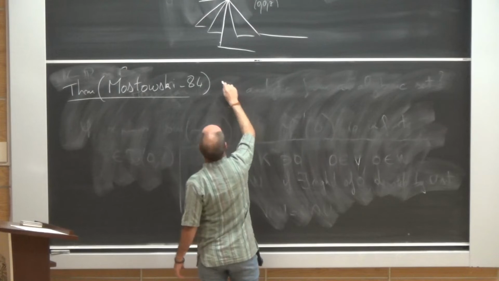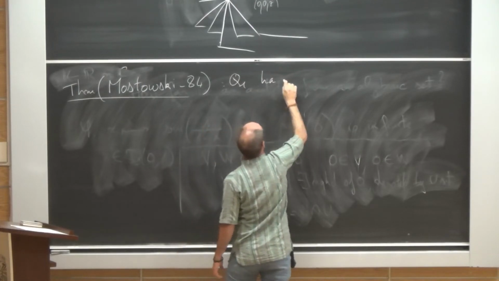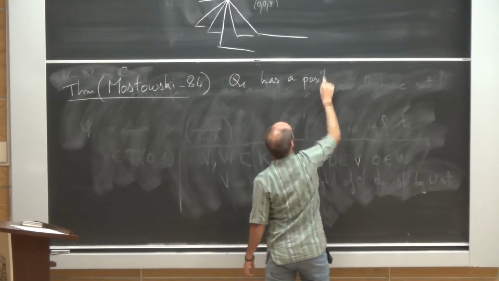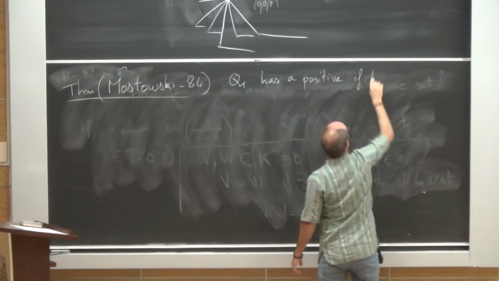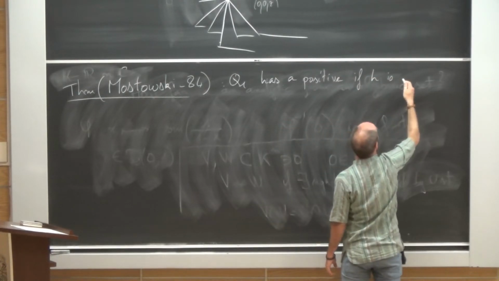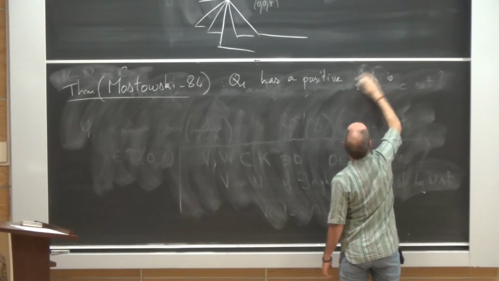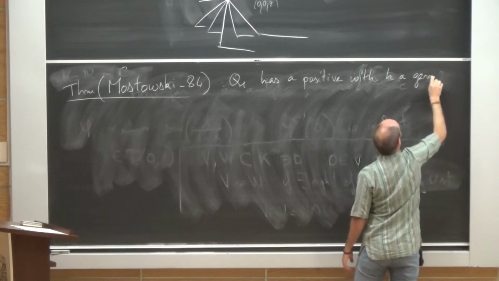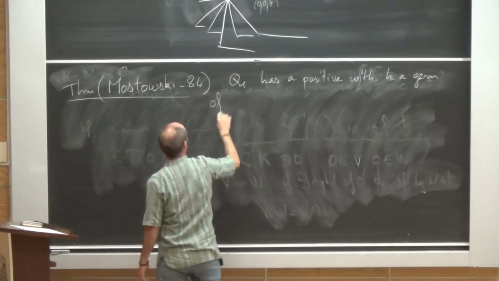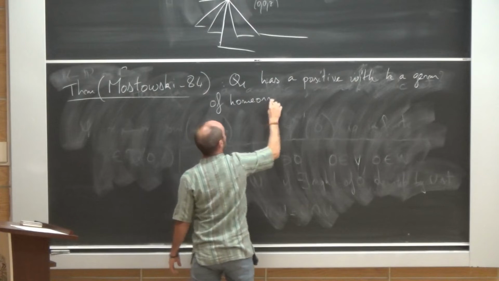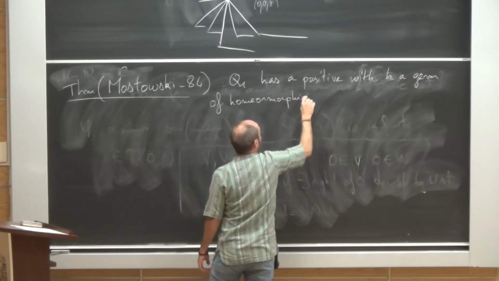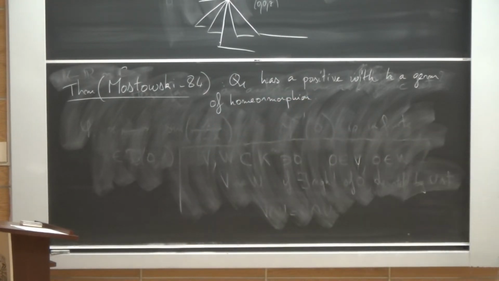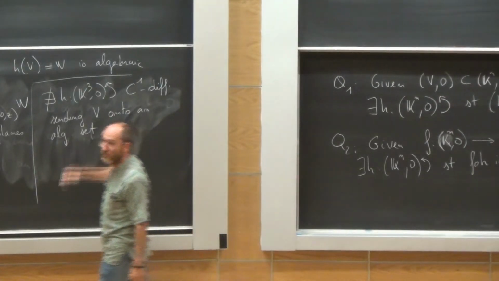Let's say exactly that question 1 has a positive answer if H is, let's say, a germ of homeomorphism. So it means that we can transform a germ of analytic set into a germ of algebraic set by a germ of homeomorphism, but not diffeomorphism.